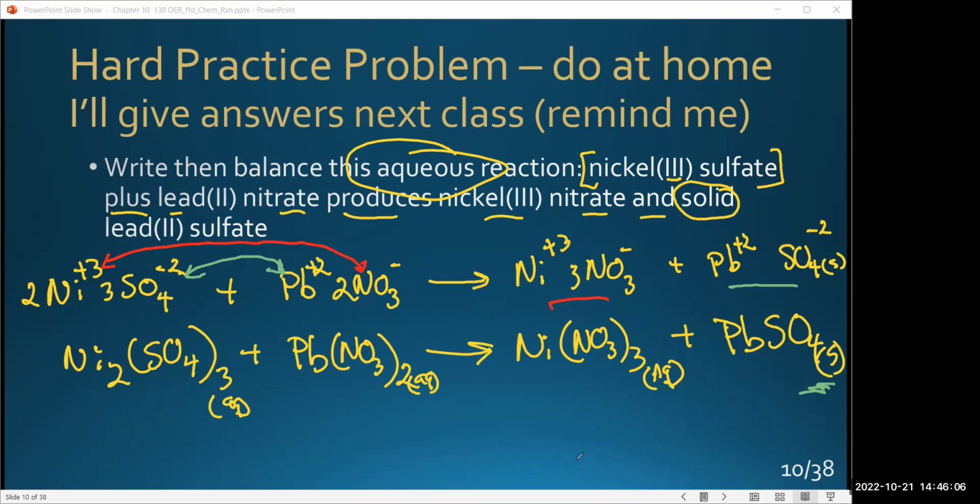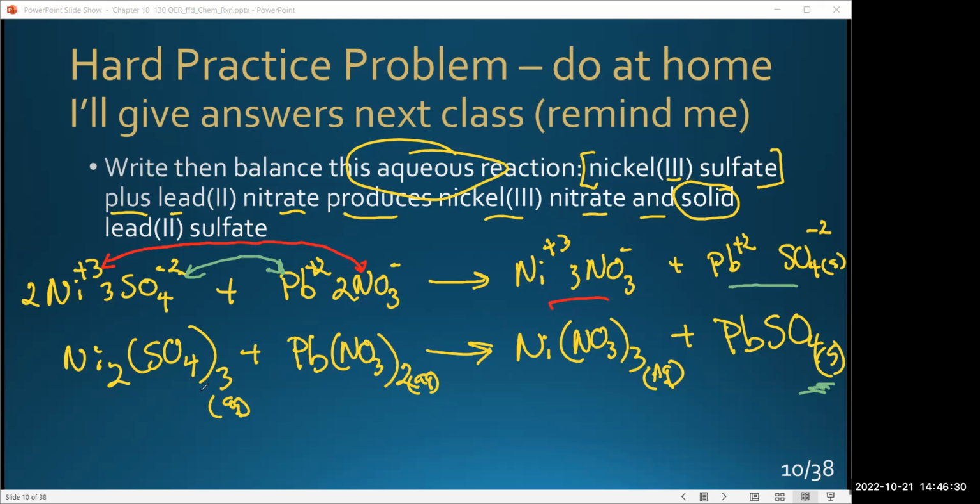Count the units of the polyatomic ions, and keep track of those. Follow the polyatomic ions. Once you do that, the metals attached to them just fall into place and get balanced by default.